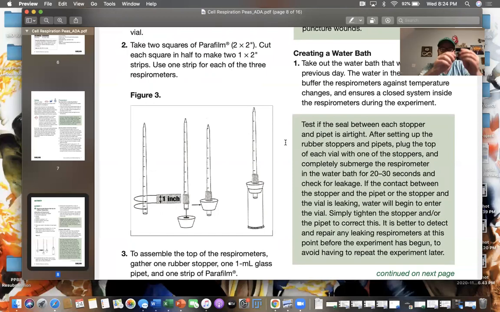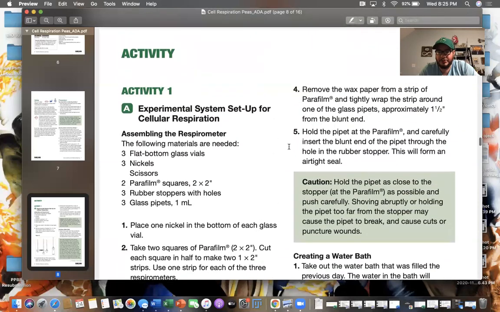Again, we want an airtight seal. The biggest thing here is you don't want to break the pipette. That would be bad. So just be gentle and you should be fine. But you should have something like that. And we'll actually test later on whether we're airtight or not.